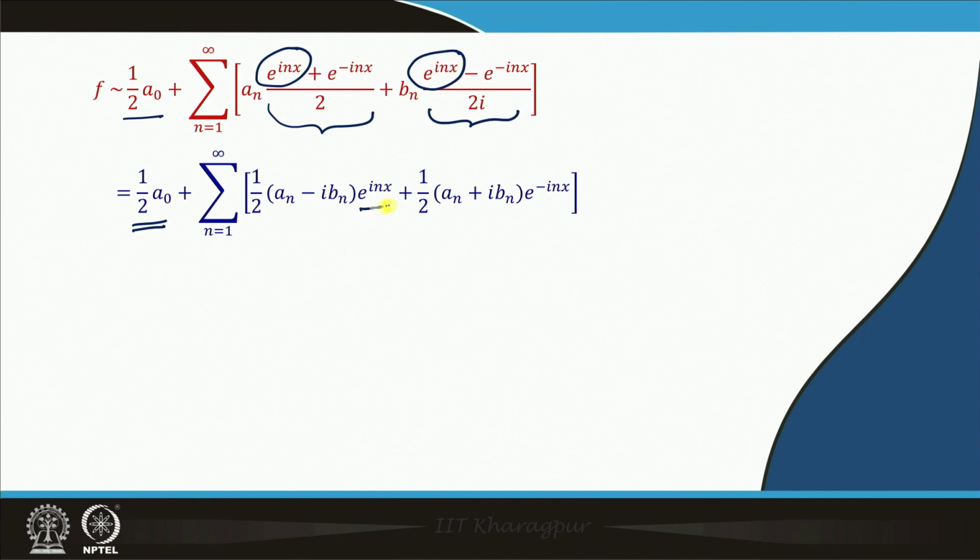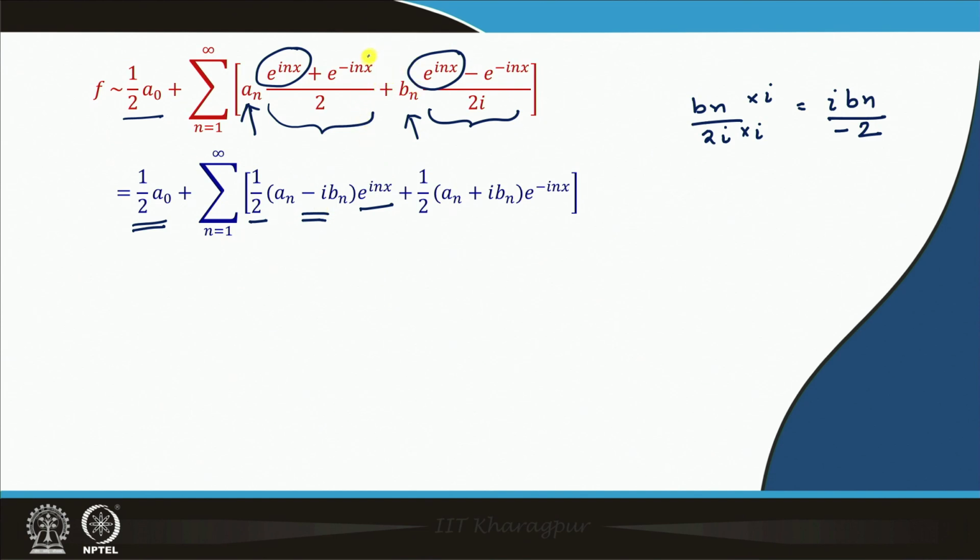So, we take e power i n x common, also the factor half will be common, and then we have a n from this term, and when we multiply and divide by i, this will become a minus sign, but there will be i times b n, because it was b n over 2 i. That will be i b n over 2 i squared, and that is minus 2, and that minus 2 is considered here.